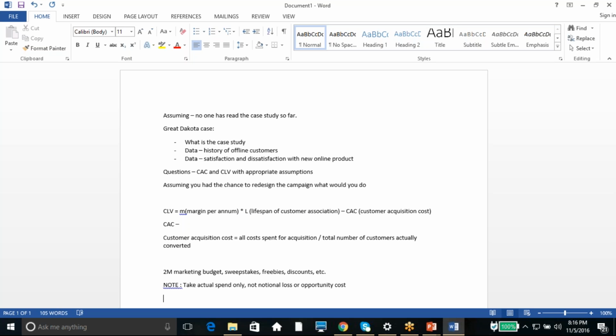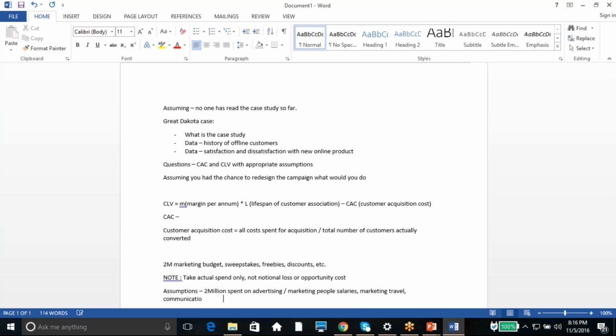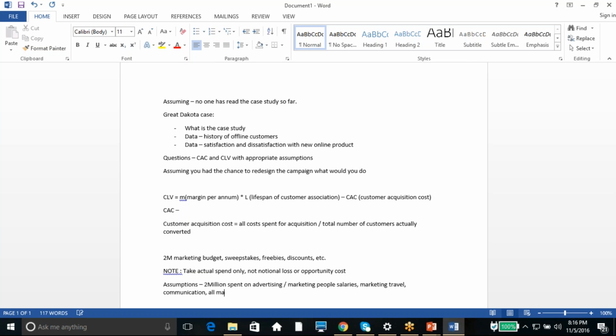So you can make the following assumptions. 2 million spent on advertising, or you can even say 2 million is the total which is spent on advertising, marketing, people salaries, marketing, travel, communication, all marketing operational costs.